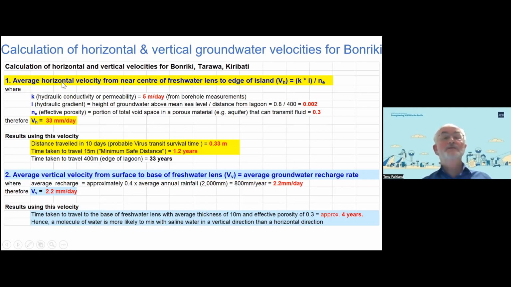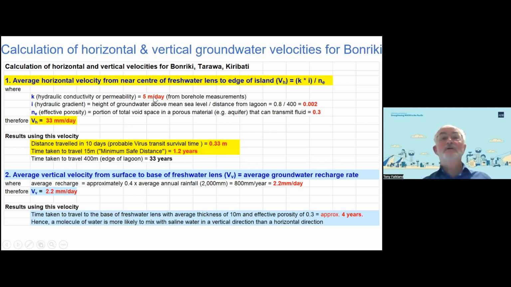The first one is to calculate an average horizontal velocity from near the center of the freshwater lens to the edge of the island, using this equation here, which Mark showed in one of his slides, where the horizontal velocity is equal to the hydraulic conductivity multiplied by the hydraulic gradient, which we can work out from the height of the groundwater above mean sea level divided by the distance from the lagoon, and divided by a term called effective porosity, which is the portion of the total void space in a porous material, in this case an aquifer, such as a freshwater lens, that can transmit fluid.